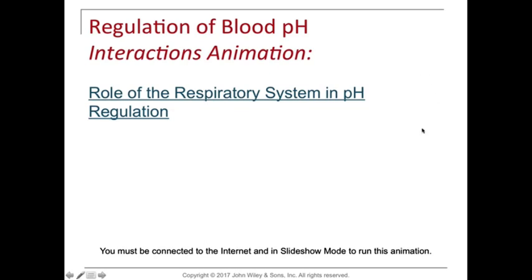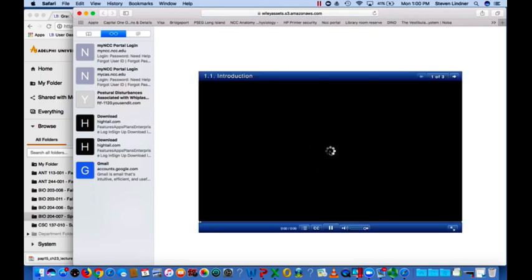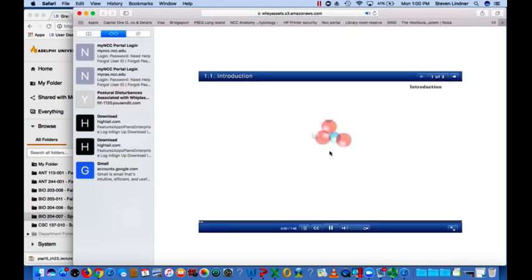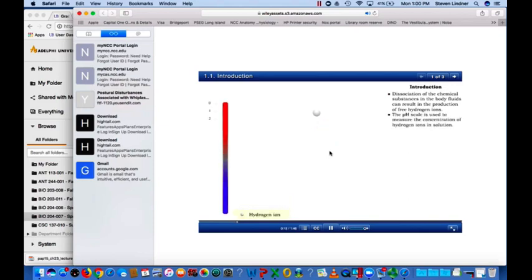Let's look at the role of the respiratory system in pH regulation. Many chemical substances in body fluids dissociate and give rise to free hydrogen ions. The pH scale is used to measure the concentration of hydrogen ions in solution.